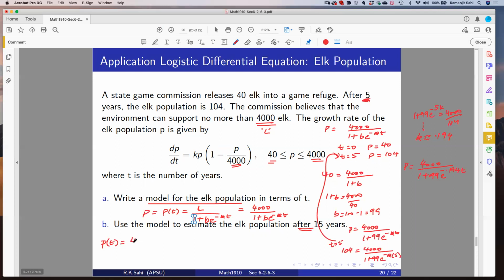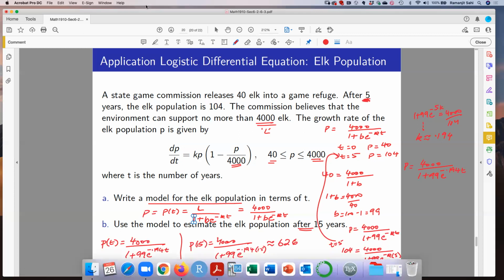So P of t is given to be 4,000 over 1 plus 99 e to the power negative 0.194 t. So that means P of 15 is 4,000 over 1 plus 99 e to the power negative 0.194 times 15, which is approximately 626.